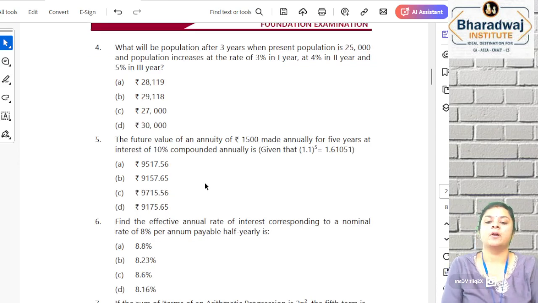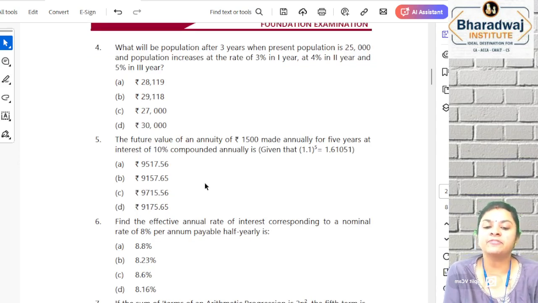Fourth one. What is the population after 3 years when the present population is 25,000, and the population increases at 3% in the first year, 4% in the second year and 5% in the third year.